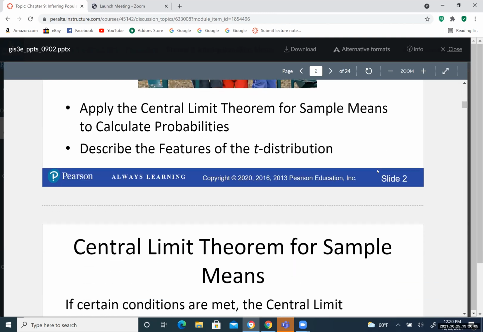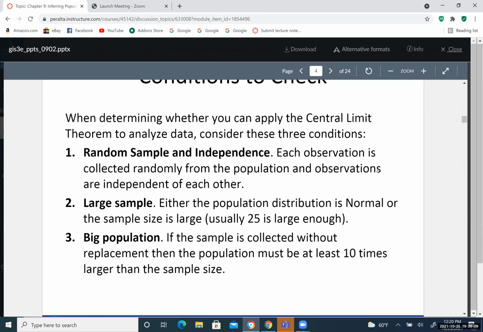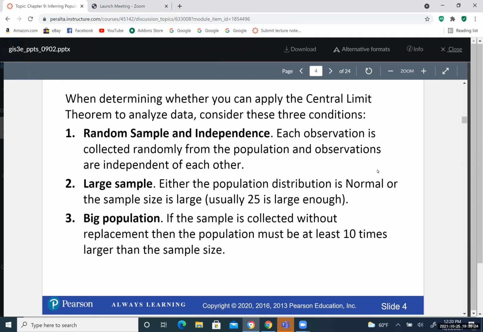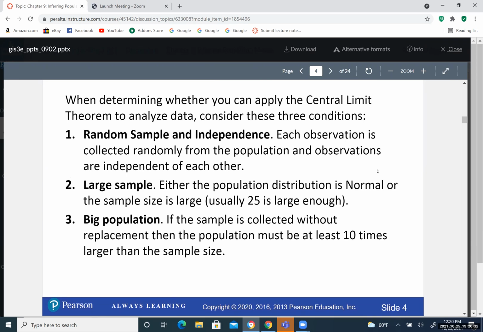I will let you know when you need to check it, and you will know right away. Mostly it happens in chapter 9. I think from chapter 8 as well. You can go back to chapter 8 and check that. We're talking about hypothesis testing.